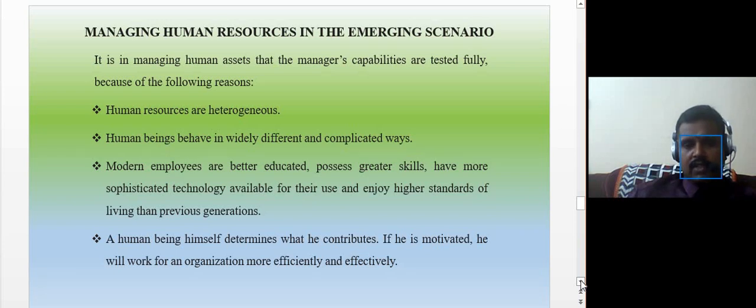A human being himself determines what he contributes. If he is motivated, he will work for an organization more efficiently and effectively. One thing we have to note in our mind: without motivation, no individual can work for a long time in the same organization. You have to identify the right person, and that right person should get all the monetary and non-monetary benefits from the organization without fail.